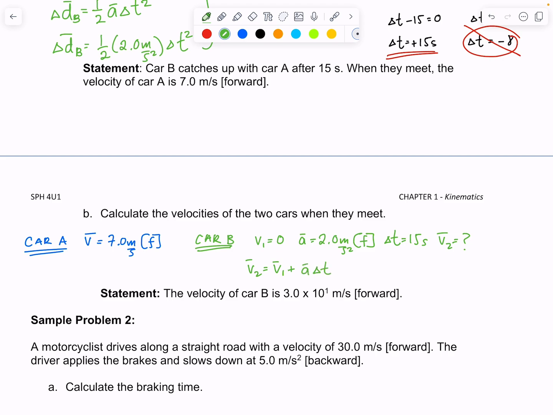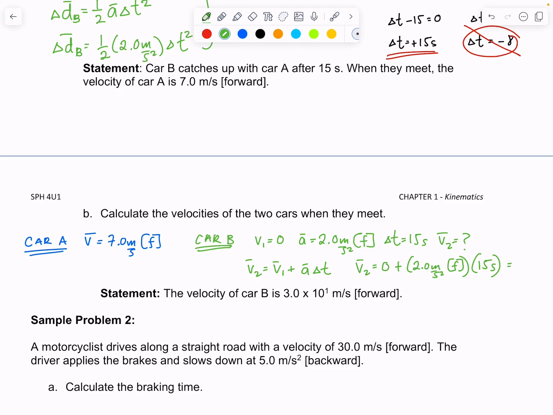If we sub and solve, we get V2 equals 0 plus 2 meters per second squared forward times 15 seconds. Punch this into our calculator. 2 times 15 equals 30. We have to write this answer to two significant digits.